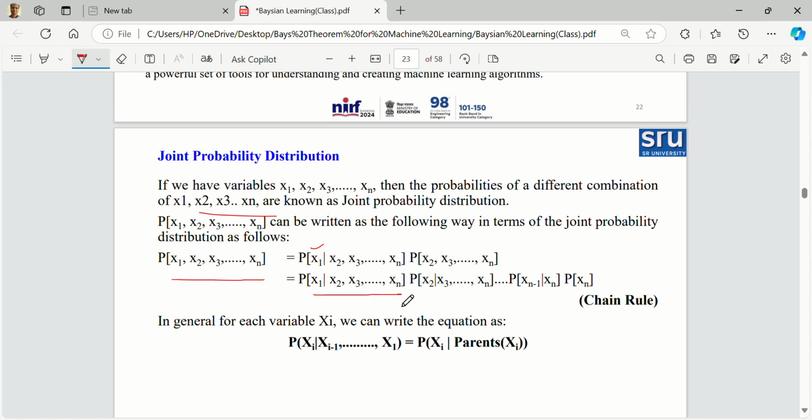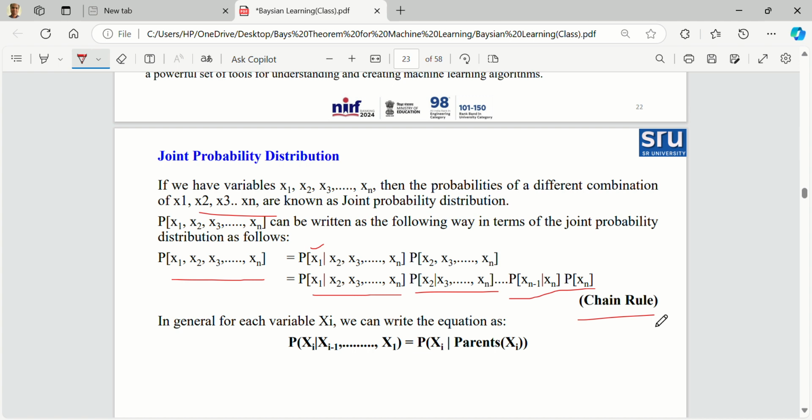Now x1 is over, go to x2: probability of x2 given x3 to xn into probability of x3 to xn. In this way we continue. The last one is probability of xn minus 1 given xn into probability of xn. After probability of xn, nothing is there. This is the final value, and this is called the chain rule.